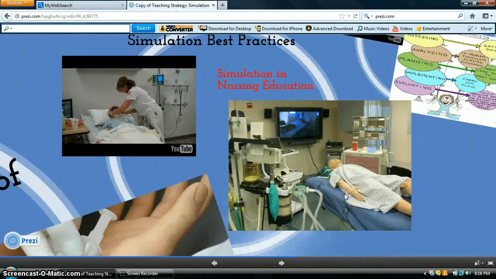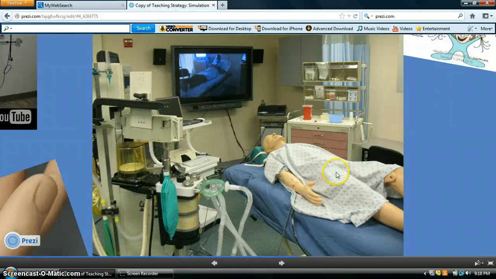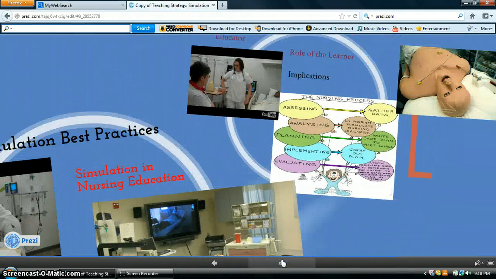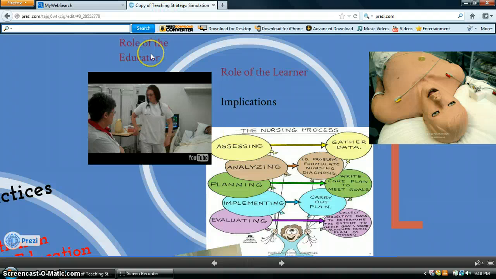And you can see in this picture here, simulation room setup, there is a big screen TV where students can actually watch and act as a lifeline to the students that are working through the simulation. And also the simulation is recorded for debriefing and feedback afterwards, which leads us into the role of the educator.